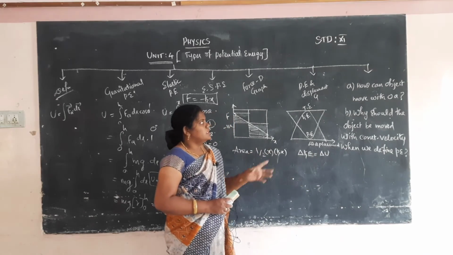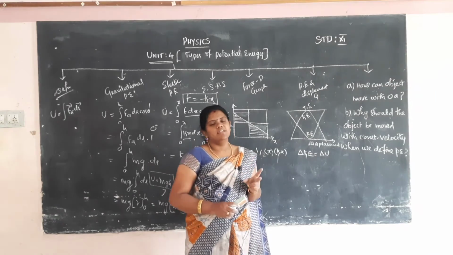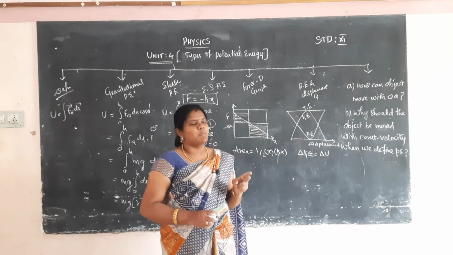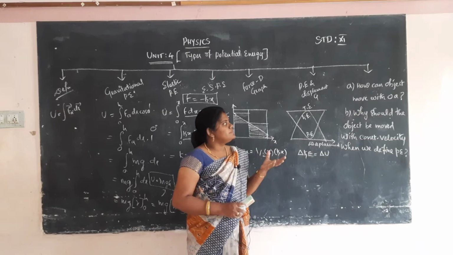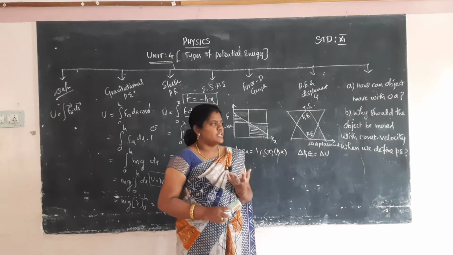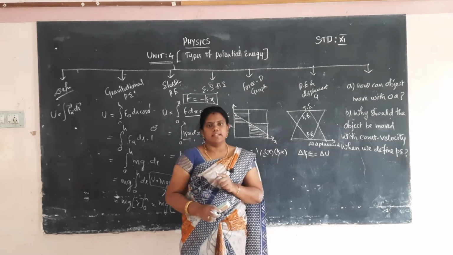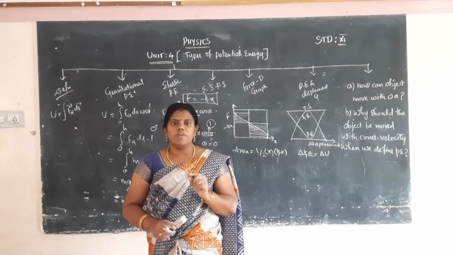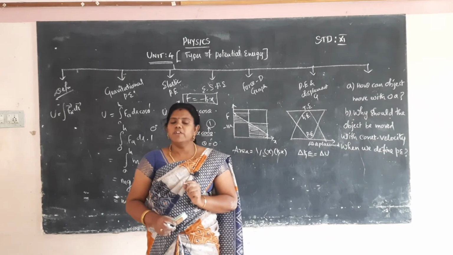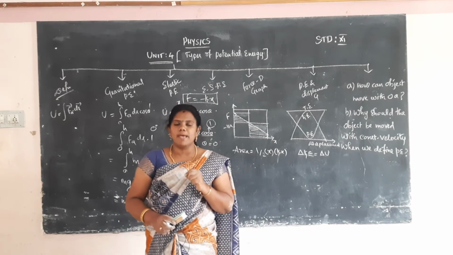Then there are two questions in my book, very interesting questions, that explain object movement with some velocity and potential energy. The first question is, how can an object move with zero acceleration? One object is moving, and definitely it has some velocity, some mass, and some acceleration.